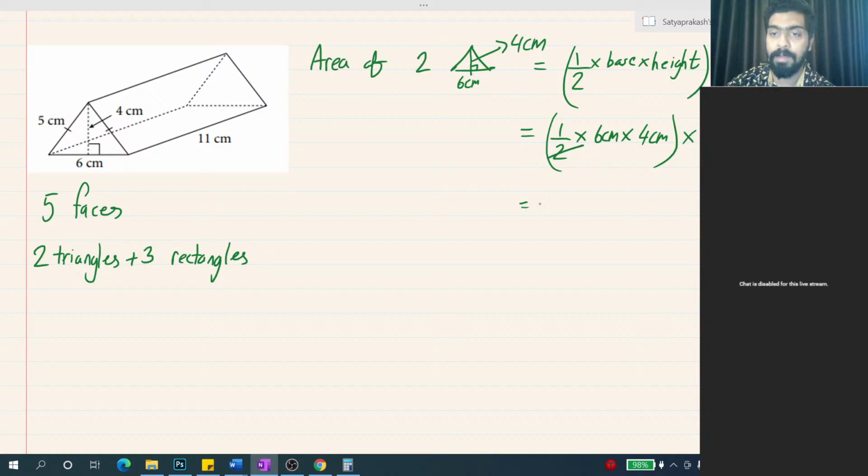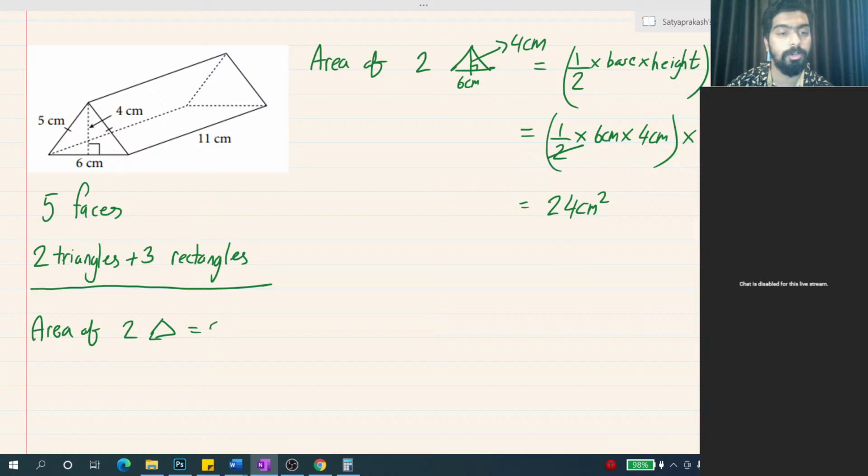So what we have is 6 times 4, which is 24 centimeter square. So let us write that down here: area of 2 triangles is equal to 24 centimeter square, right guys?